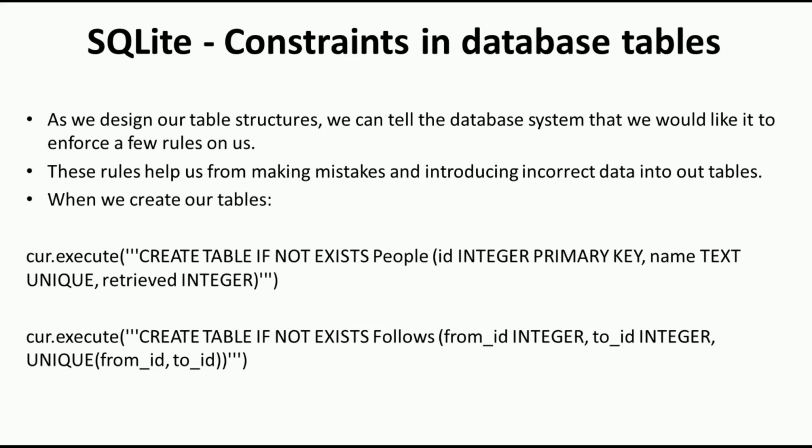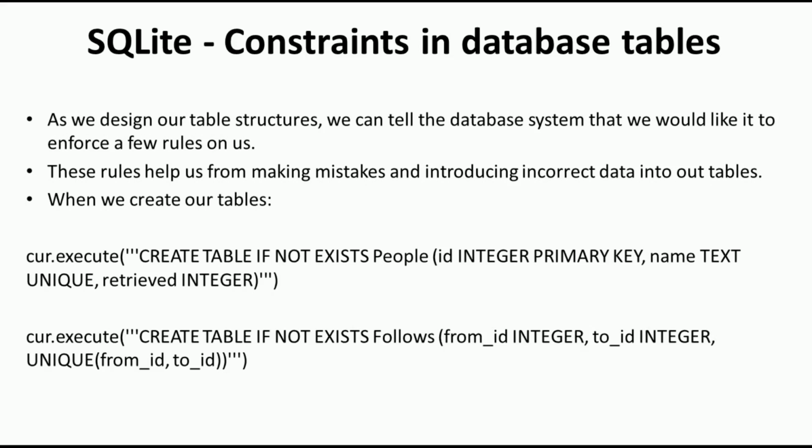These rules help us avoid making mistakes or introducing incorrect data into our tables. For example, if we have inserted a particular row into the table and you try to insert that row again, you will end up with a violation of primary key or unique key error.